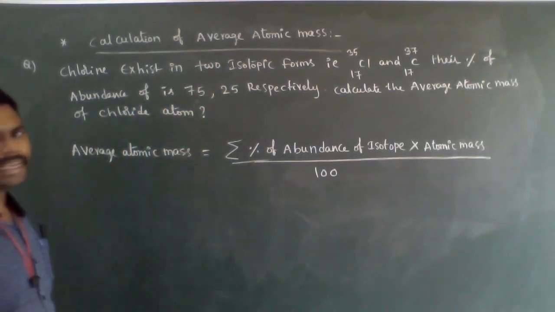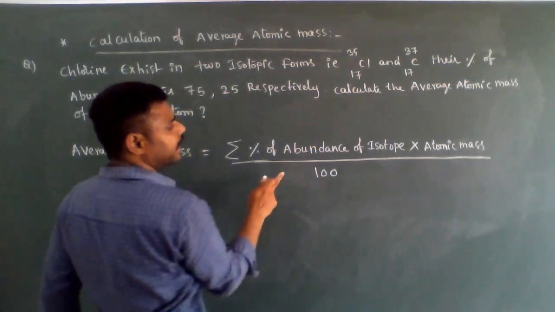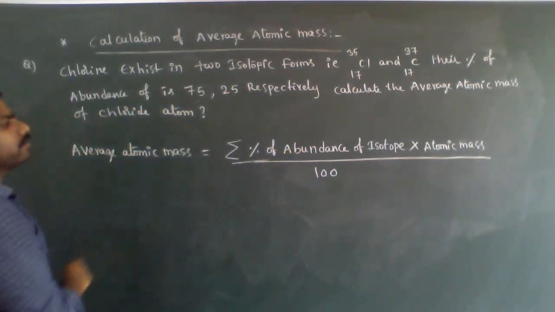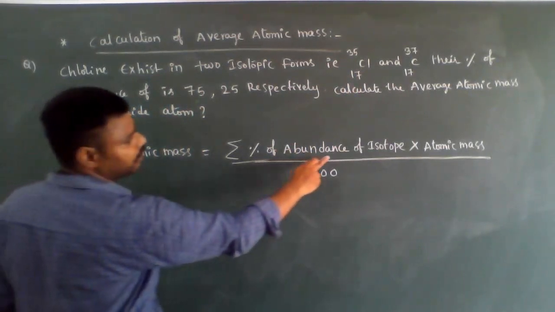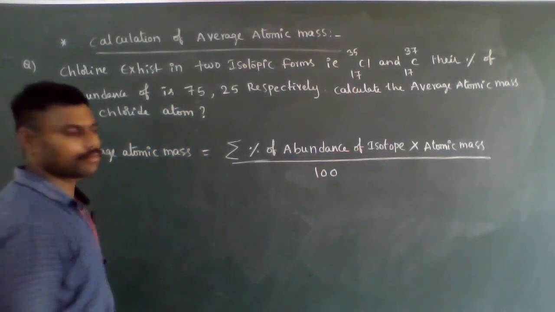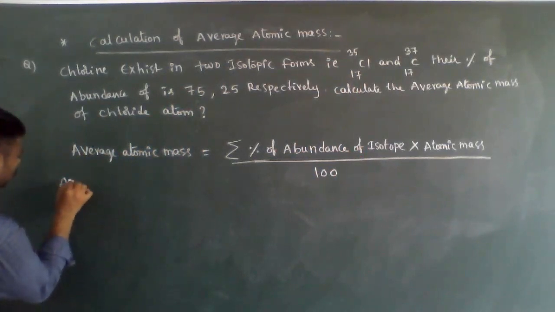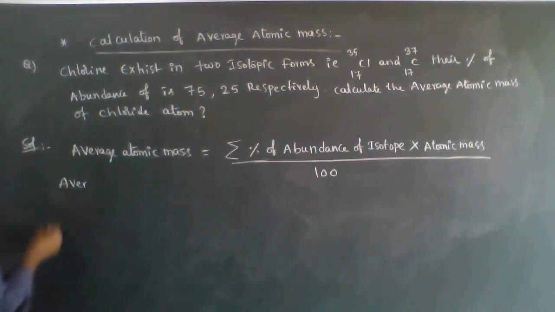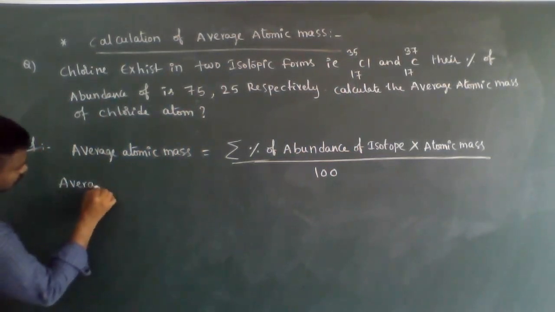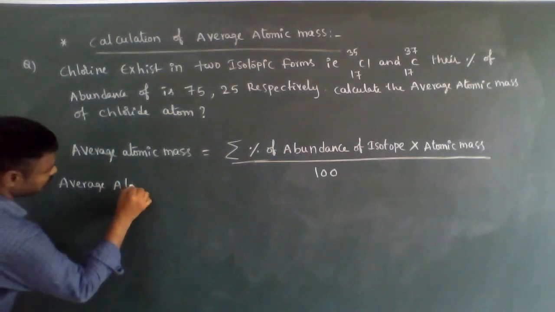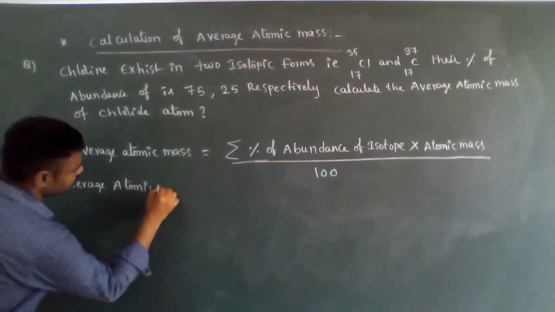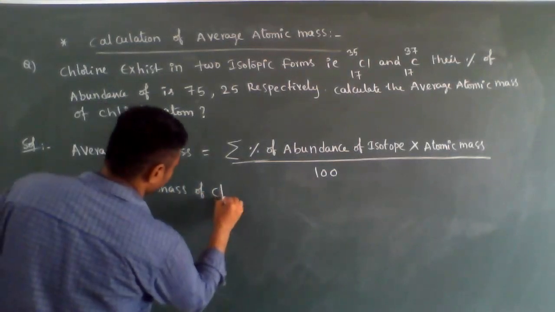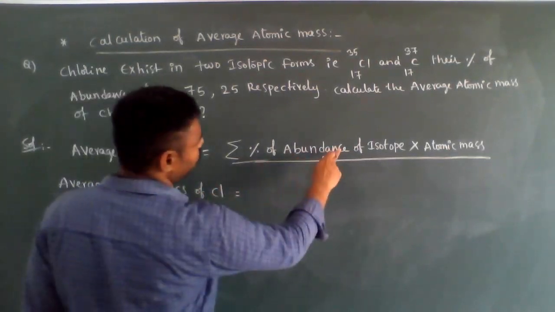Okay, very easy. We just substitute the given data in this formula. Average atomic mass is equal to sigma percentage of abundance of isotope into their atomic mass. Solution: average atomic mass of chlorine is equal to sigma percentage of abundance.